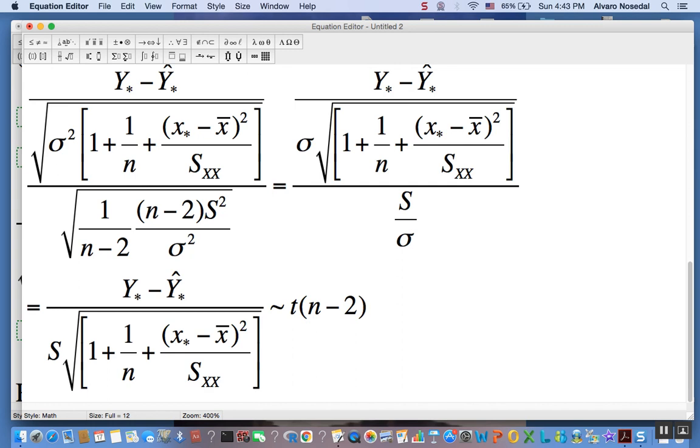Makes sense? Then we can use this as a pivotal quantity. We just solve for y star, and what we end up with is a critical value from a t-distribution with n minus 2 degrees of freedom times this, plus or minus our point estimate.